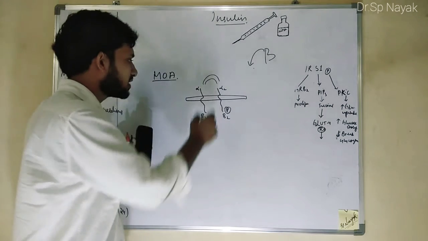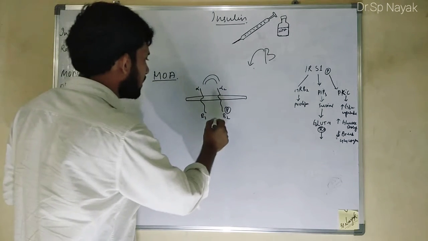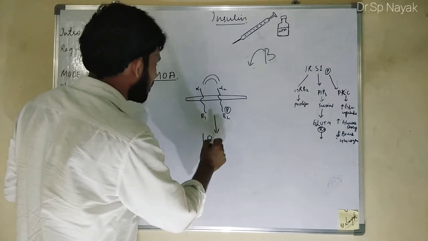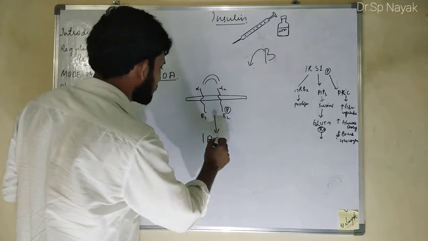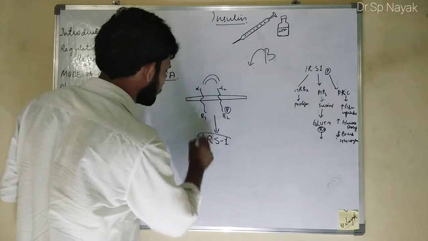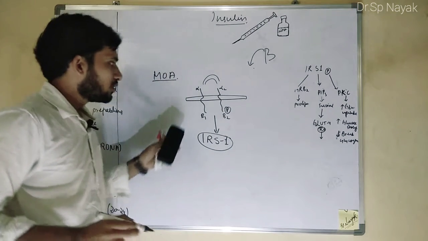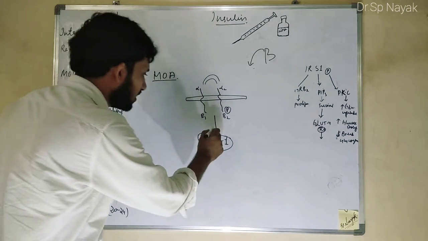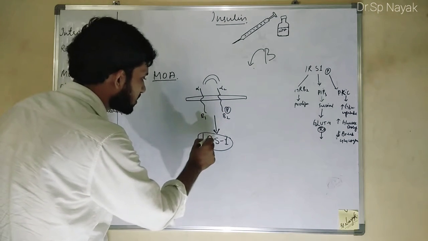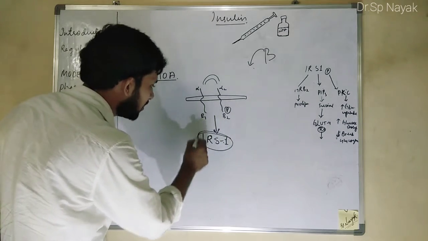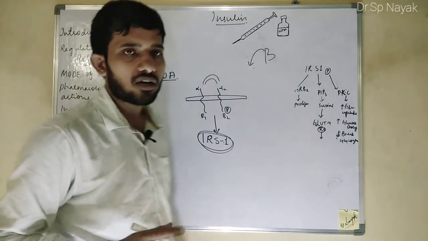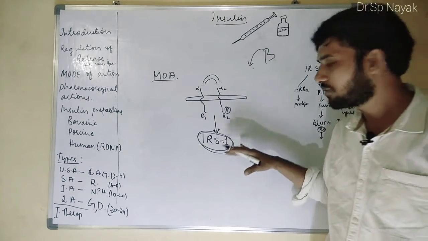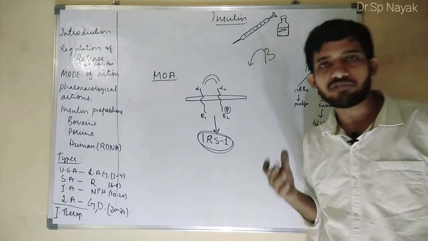So the insulin receptor gets phosphorylated and it synthesizes insulin receptor substrate 1. After activation of the insulin receptor, it activates insulin receptor substrate 1, which is a very, very important precursor or chemical mediator for the functions of insulin.